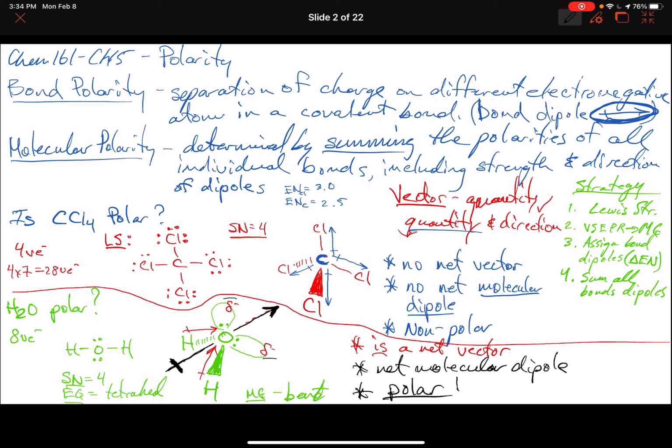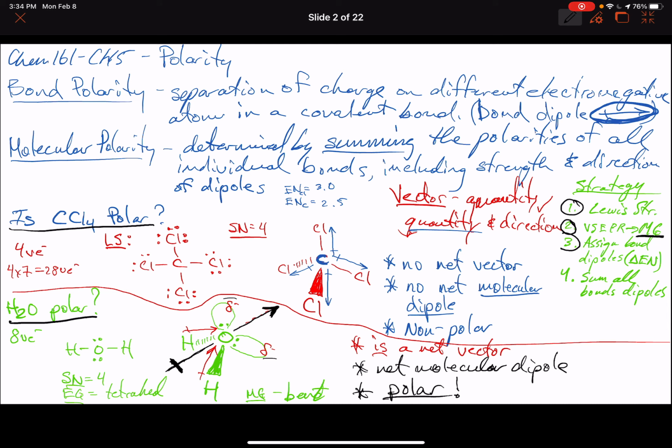As a final answer. Again, the steps we've done in answering questions like, is carbon tetrachloride polar? Is water polar? First step, Lewis structure. Second step, apply valence shell electron pair repulsion to determine the molecular geometry. Remind yourself of electron group geometry as that intermediate.